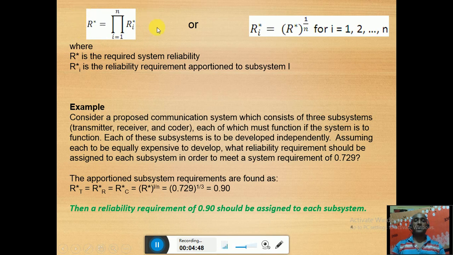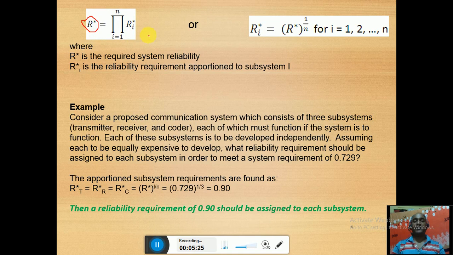Therefore, if we consider the components to be in series, then the reliability of the system is obviously equal to the product of the reliabilities of all the components. So R star must be equal to the product of all Ri stars: the reliability requirement of the first component times that of the second component, and so on up to n components. Then R star can be allocated to each Ri star using this equation.